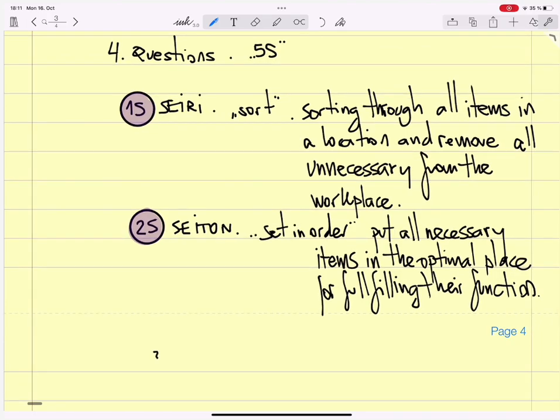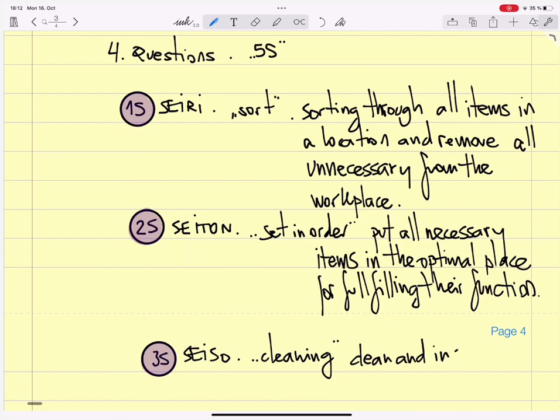Third thing. So this means cleaning. This is pretty clear, okay? Clean and inspect the workplace.